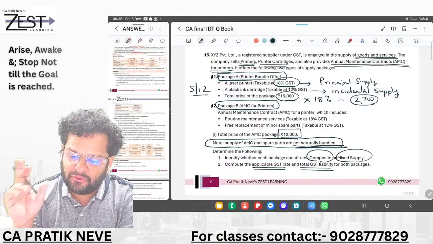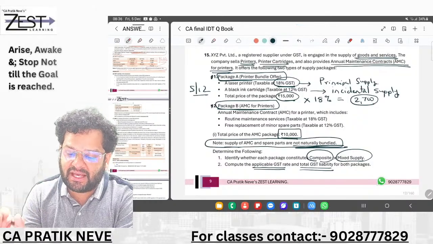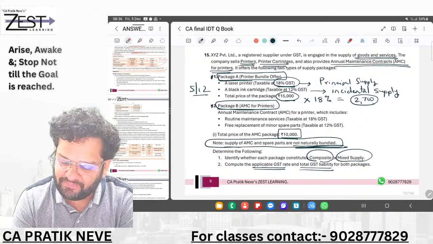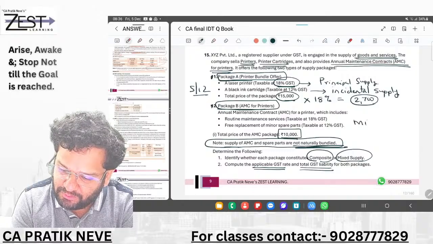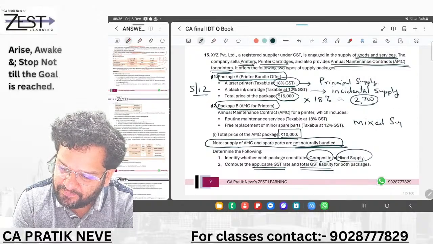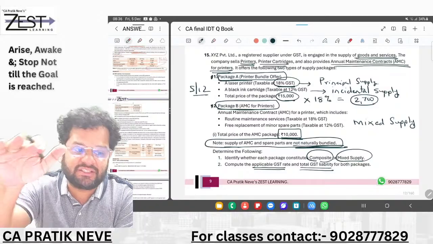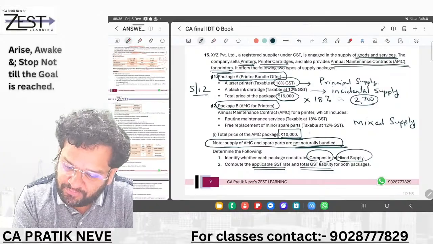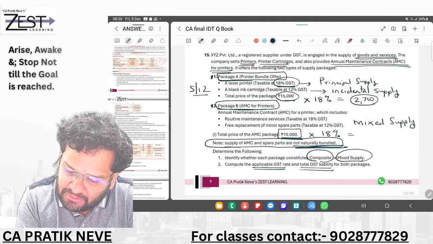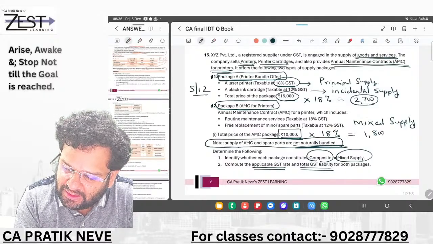So these two will be treated as mixed supply. There is no other option. This will be treated as mixed supply because a single price is charged of 10,000. So the GST which is at higher percentage will apply, that is 18%. So 1,800.